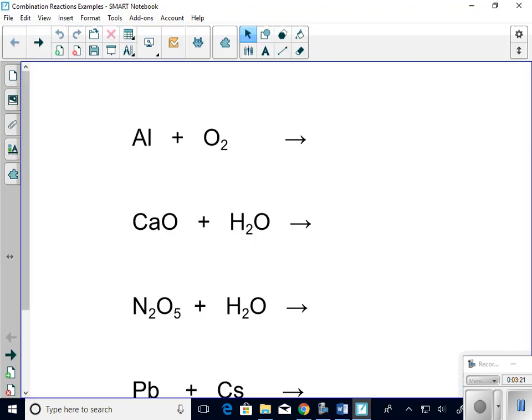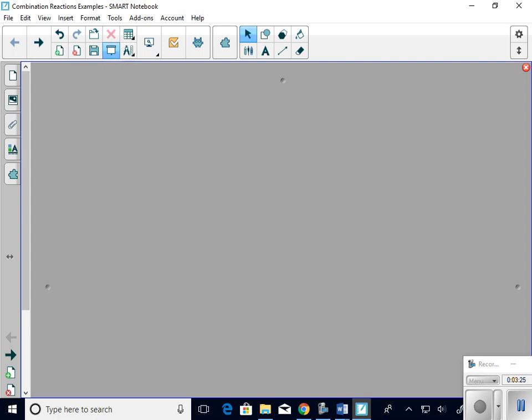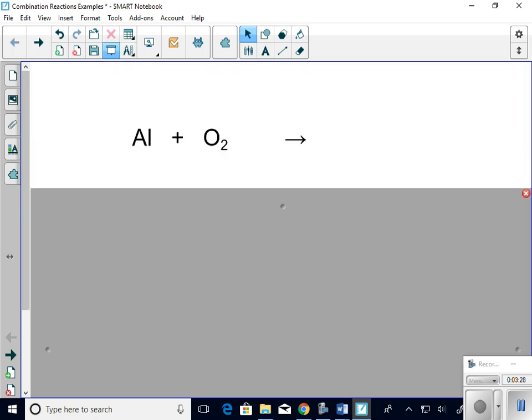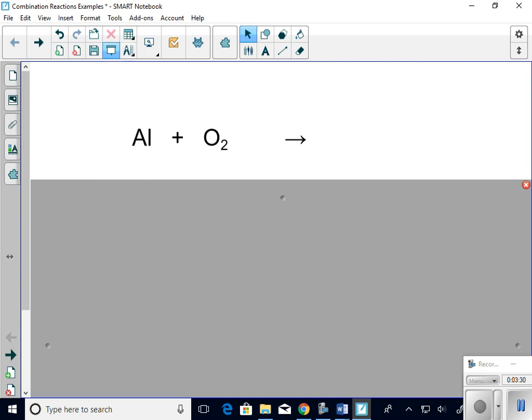So, I'm going to switch right here, the very first one. Let me hide that so we're just focusing on this one. I look right here and I say, okay, which one of the 5 combination synthesis reactions am I dealing with?